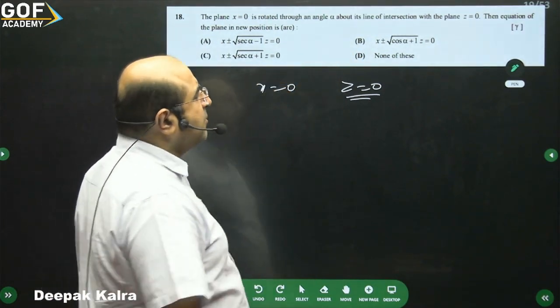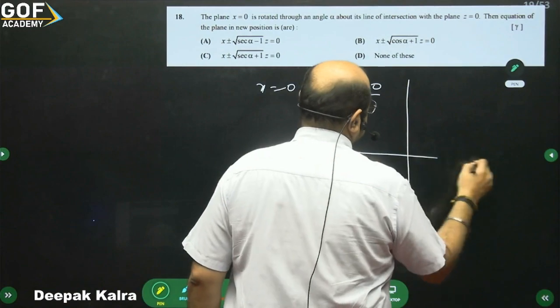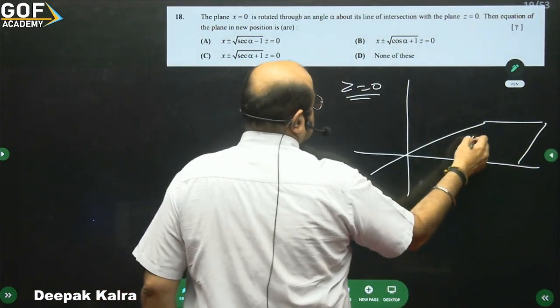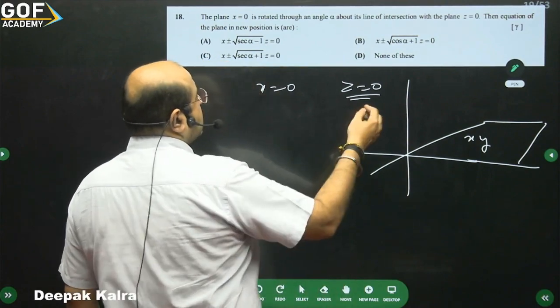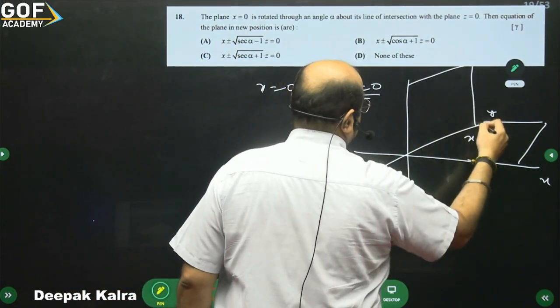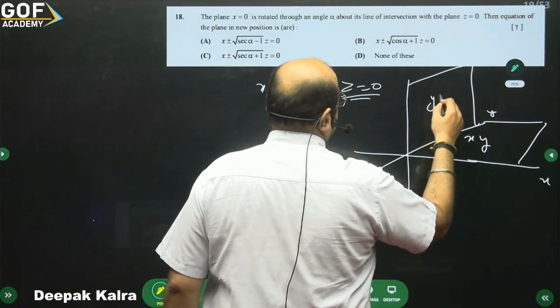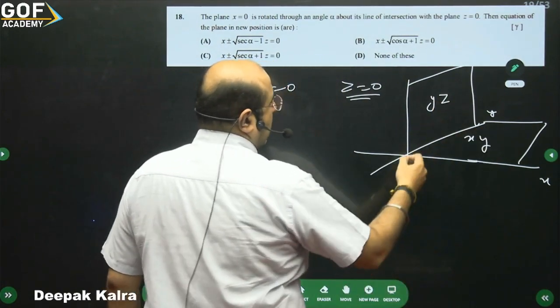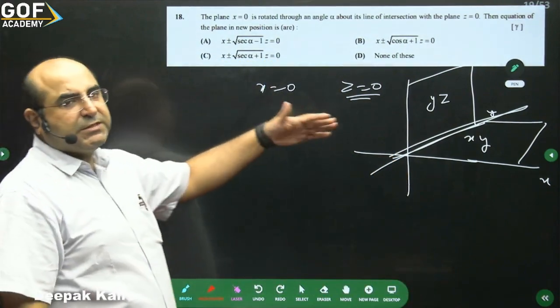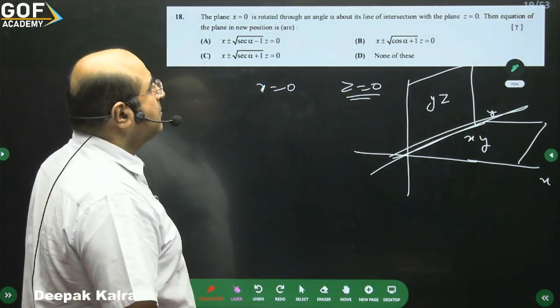Z equal to 0 is nothing but your xy plane. Okay, this is xy plane and this is your YZ plane. Line of intersection is this, which is y-axis. You understand?